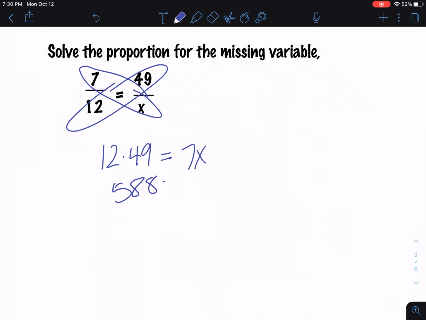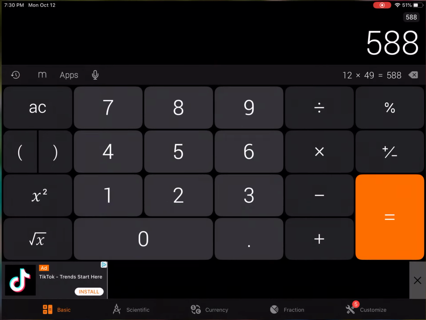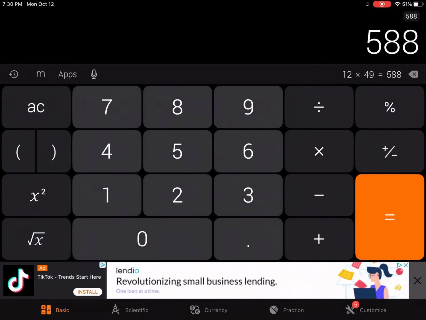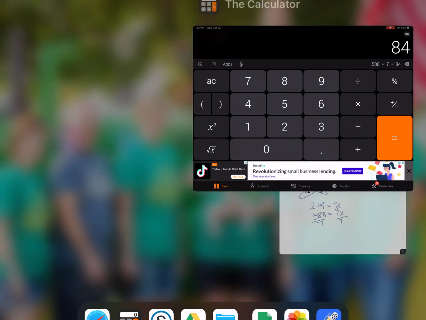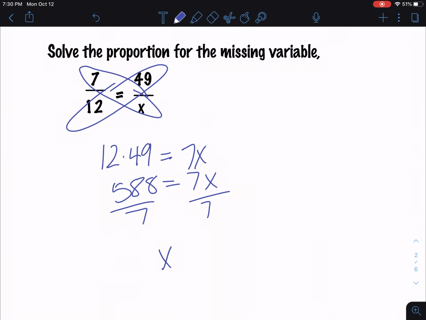And then my last step is to solve this equation for the missing variable x using inverse operations. And this gives me a value of 84. So that tells me that this missing variable included within this proportion is equal to 84.